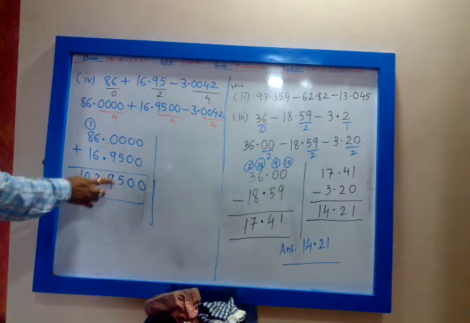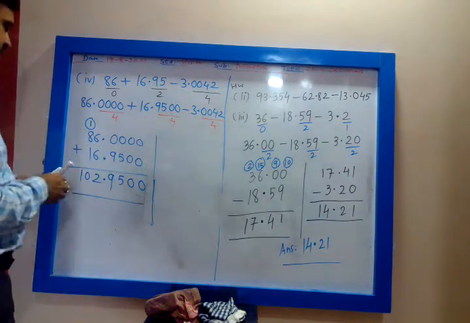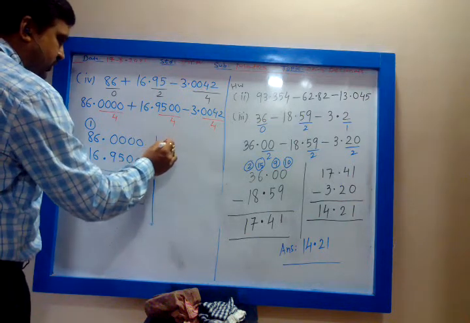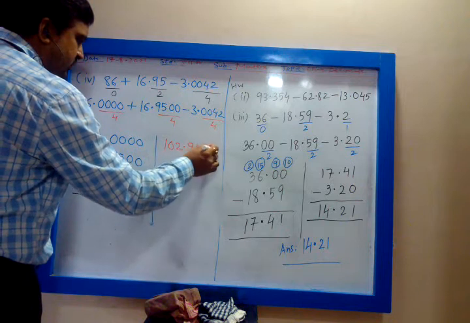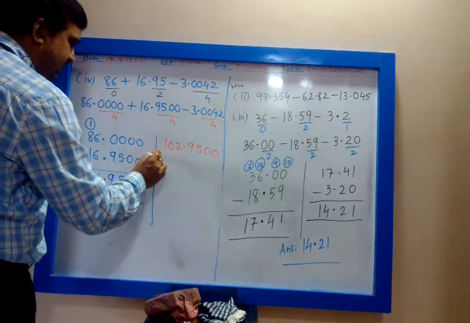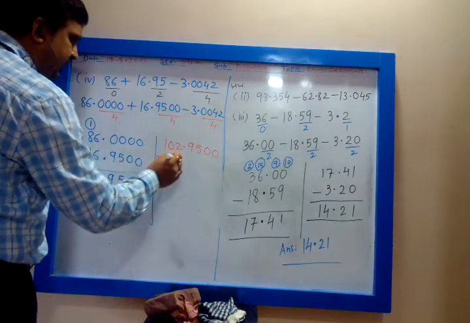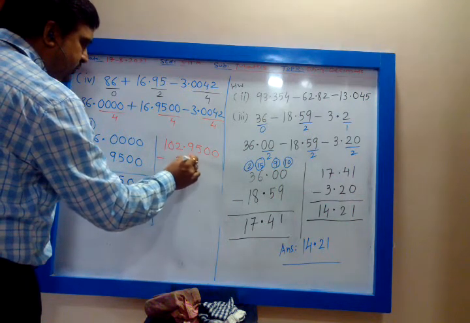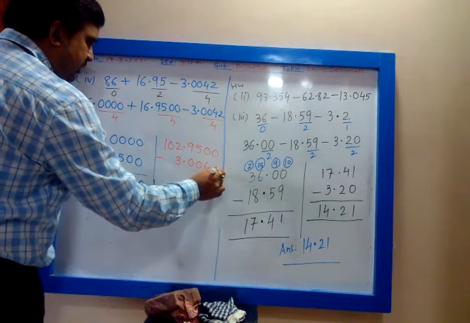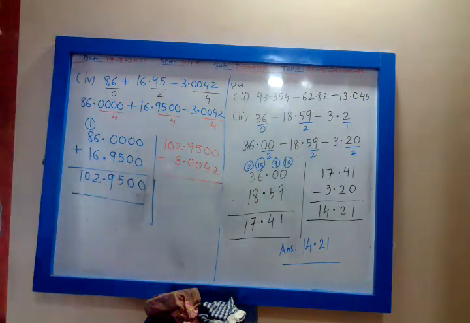Now from this I have to subtract 3.0042. 3 you have to write down in the unit place. Now let us subtract.